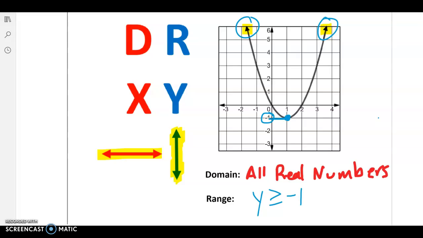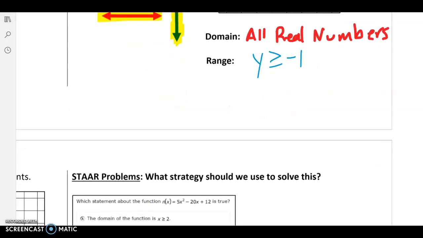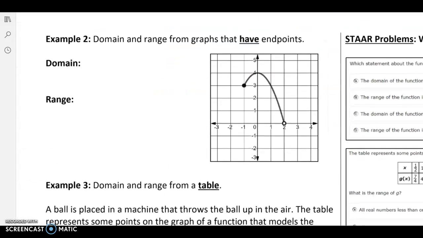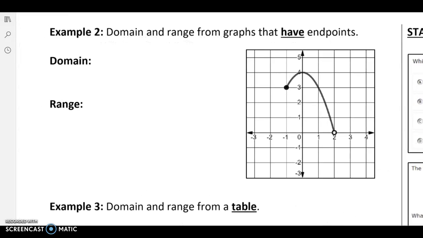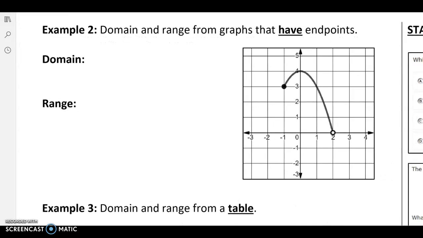But sometimes we might have a graph that has endpoints. So let's look at an example of that. Okay, so in this particular one, it has endpoints, so it's a little easier actually. I think most students struggle when it has arrows. This isn't so bad. Domain, I'm going to keep with the same colors, red for domain and blue for range.